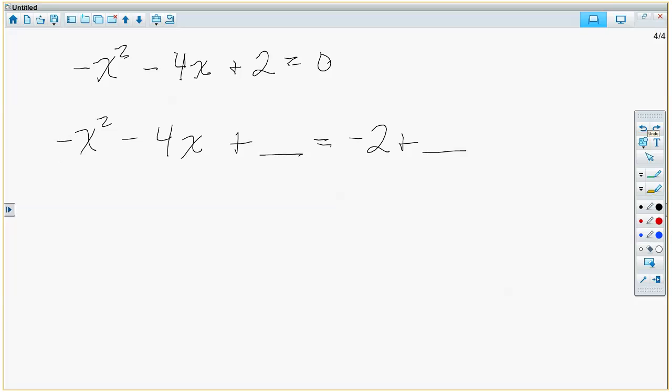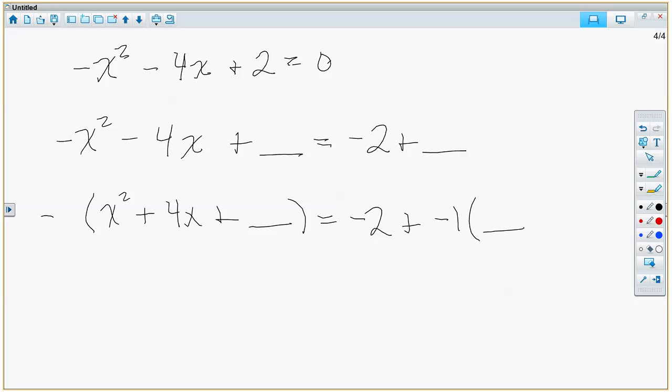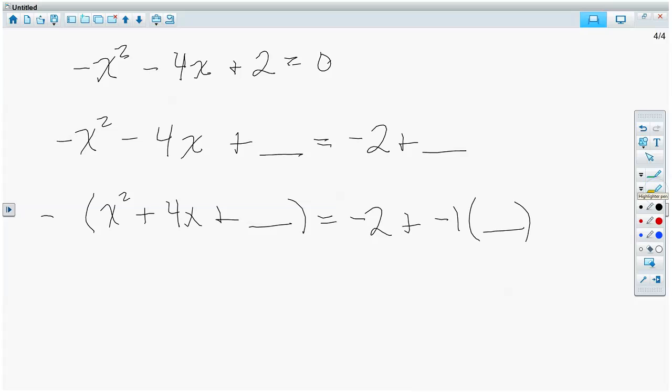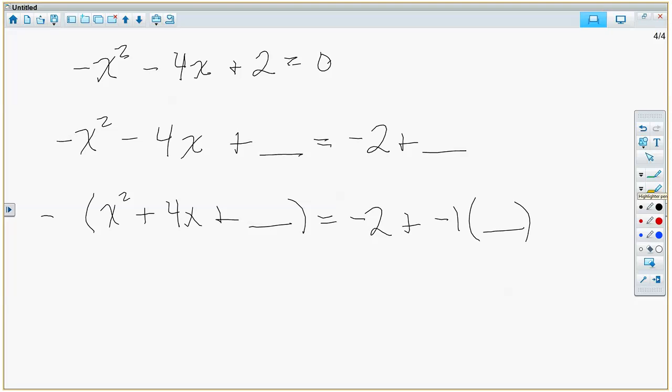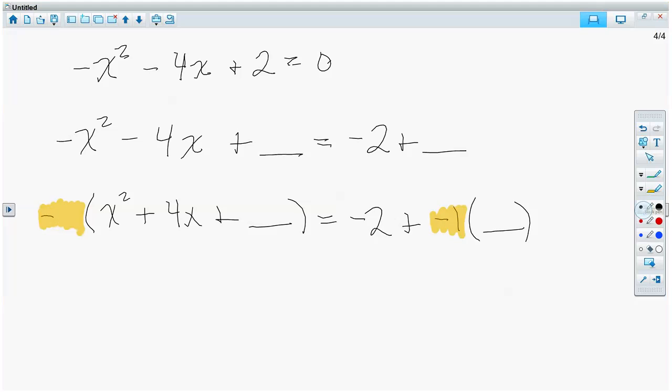Factor out the negative, and you get x squared plus 4x plus blank is equal to negative 2 plus negative 1 times blank. Now, I'm going to take the highlighter, and I'm going to put a highlight there, and I'm going to put a highlight here. And then I'm going to put a note.